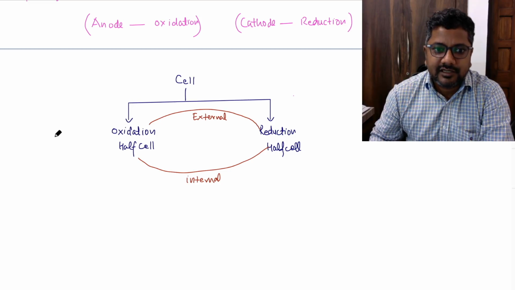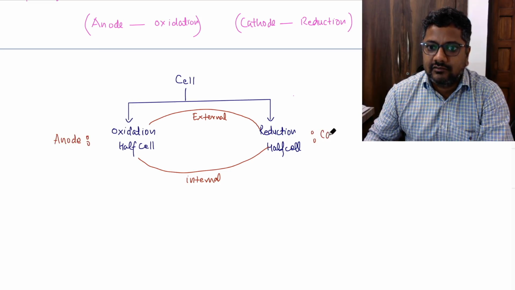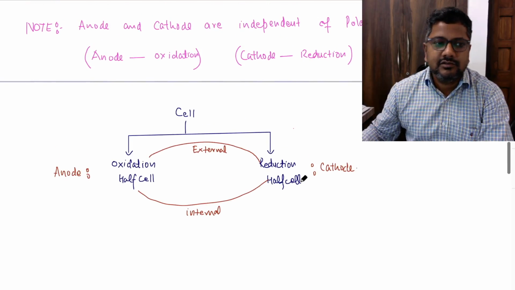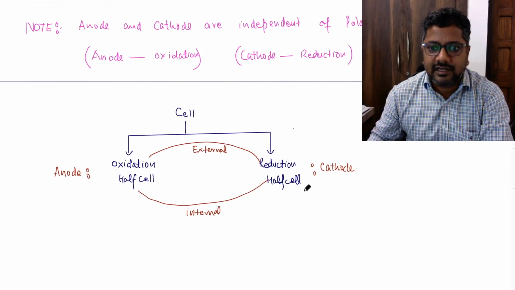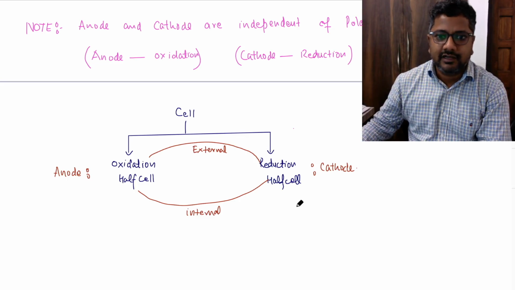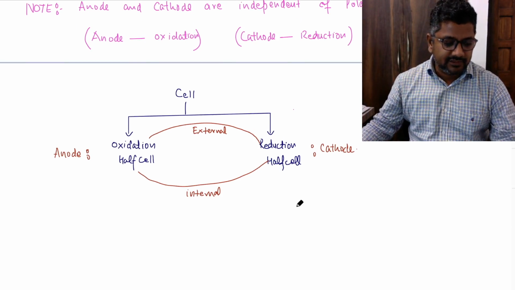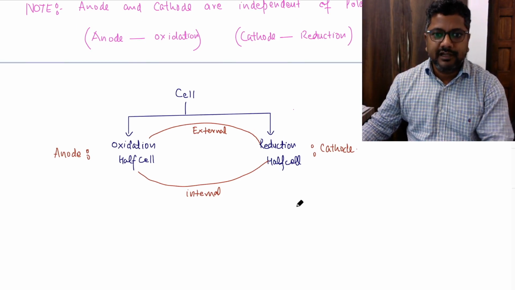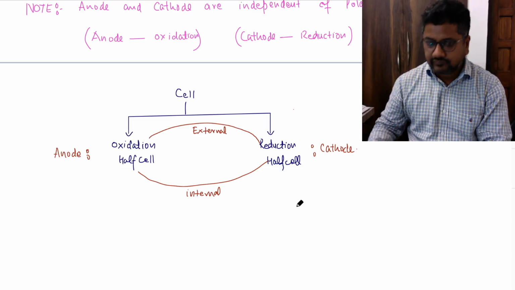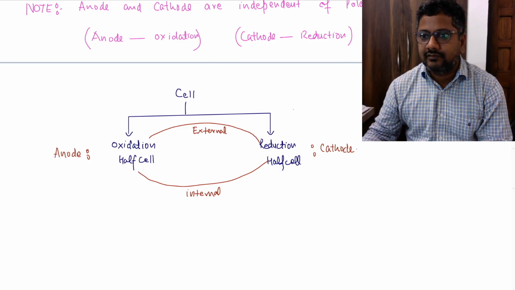The oxidation half cell is also called the anode, and the reduction half cell is also called the cathode. These two are required to make a complete cell. So slowly we are moving towards the construction and working of a complete galvanic cell, right? First I am taking this galvanic cell.